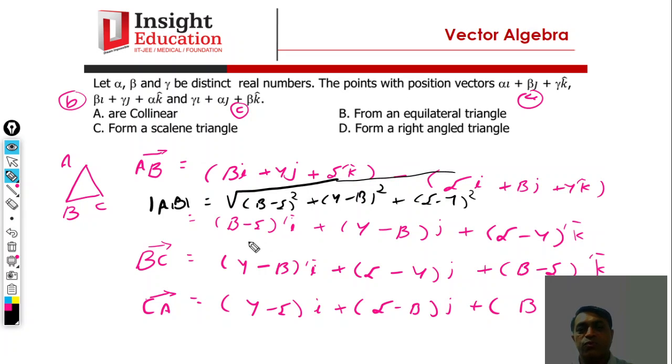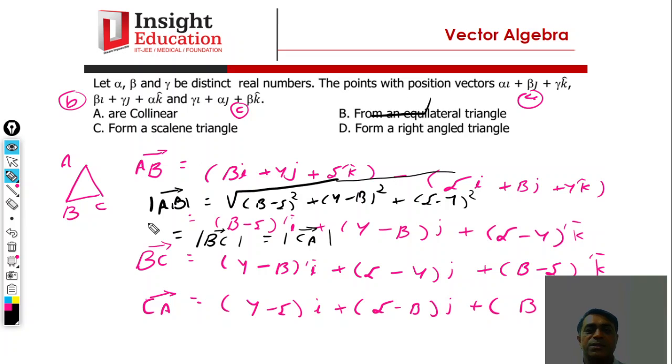This is true for all. It means mod of AB is equal to mod of BC is equal to mod of CA. It means the triangle is an equilateral triangle.